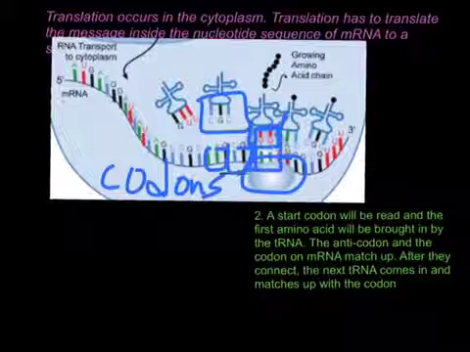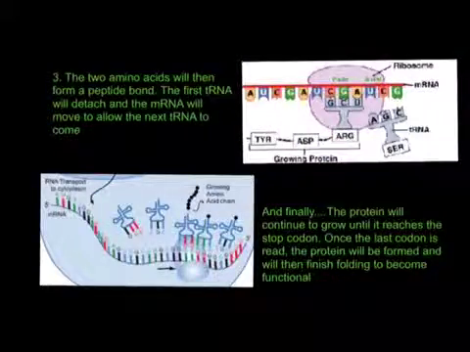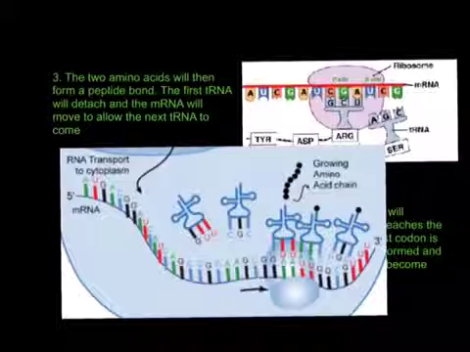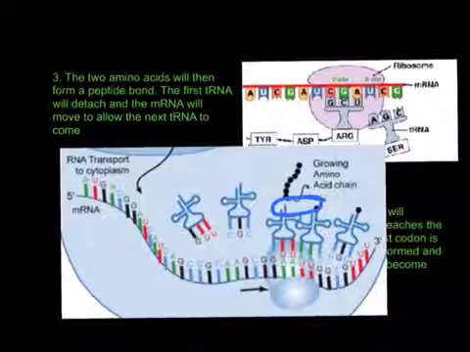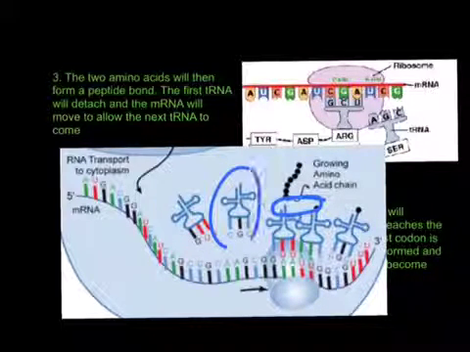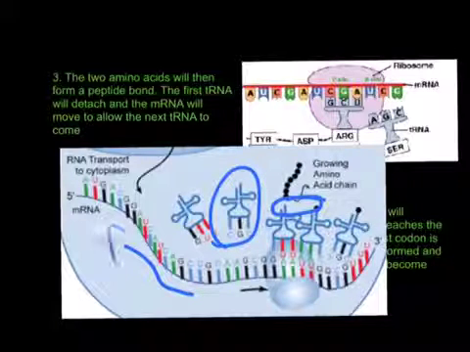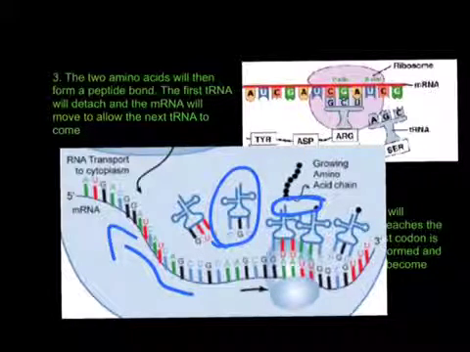After they connect, the next tRNA comes in and matches up with the codon. The two amino acids will then form a peptide bond. The first tRNA will detach, and the mRNA will move to allow the next tRNA to come.